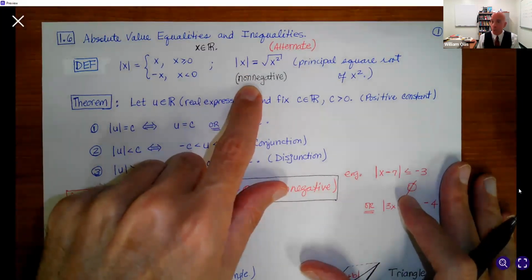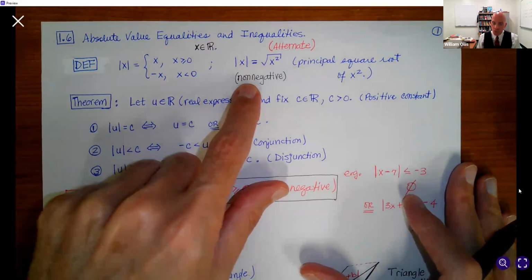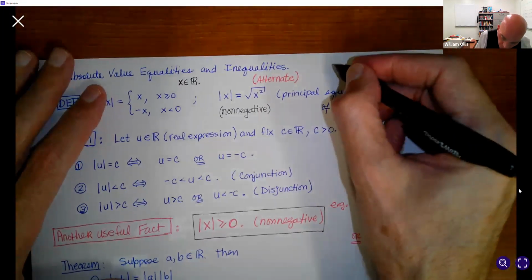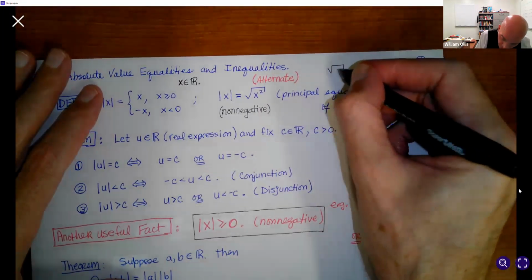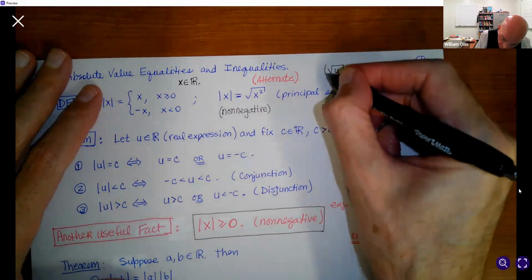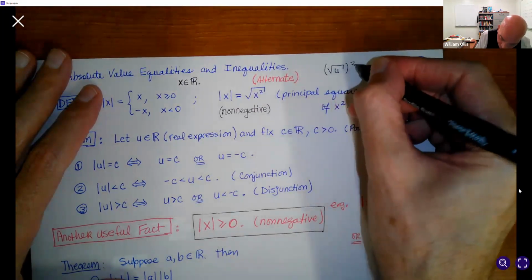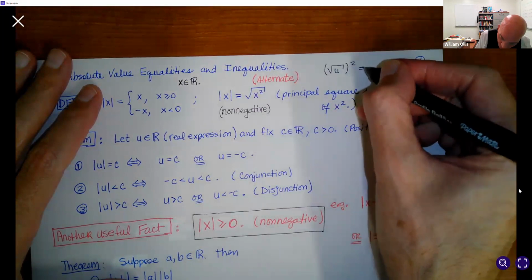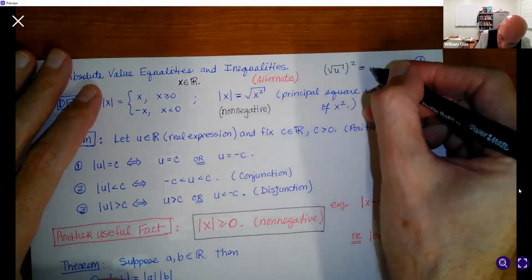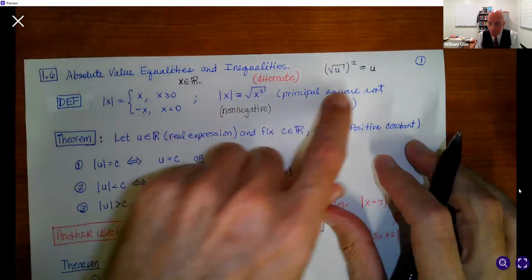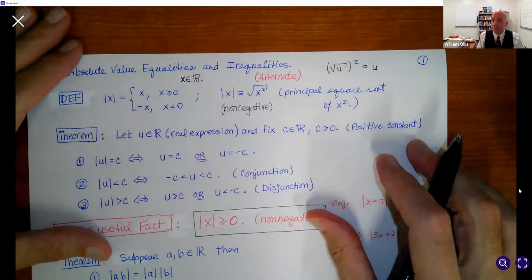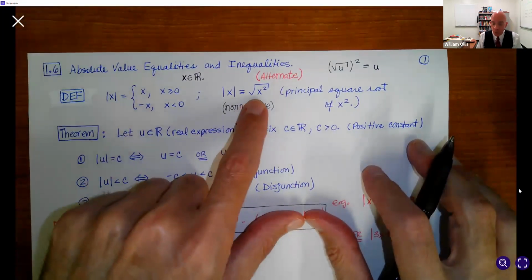because this is a non-negative quantity. So like before, when we would have the expression u squared, that would relieve us of the radical because the tacit assumption was that the square root of u was well defined. Now we're flipping that.